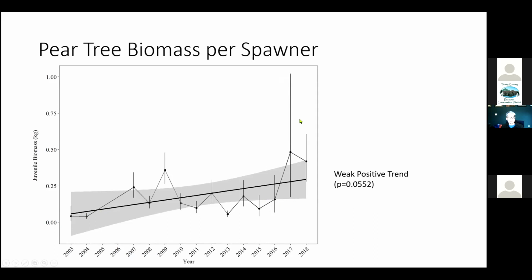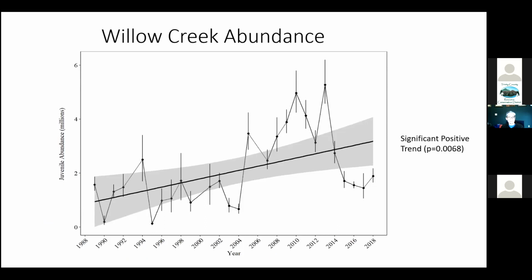So again, that's some tentative positive results. It follows the juveniles per spawner, where you're getting more biomass per spawner in the recent years. But again, I don't think that's necessarily a positive thing, and I'll touch on that in a few slides.